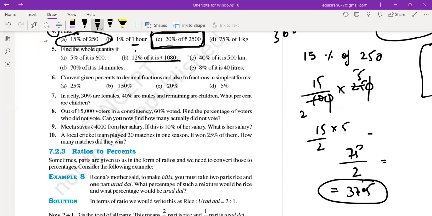Ma'am, which one do I have to do now? You wrote this answer? No. You have to correct this one. Na? Just write it down in your notebook.